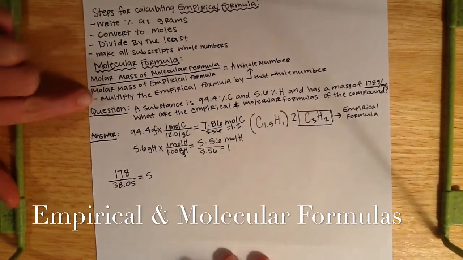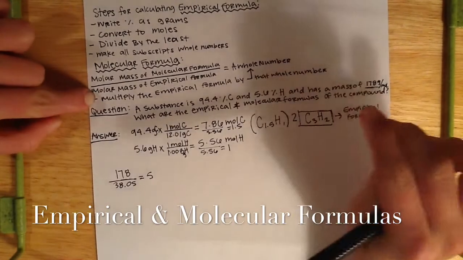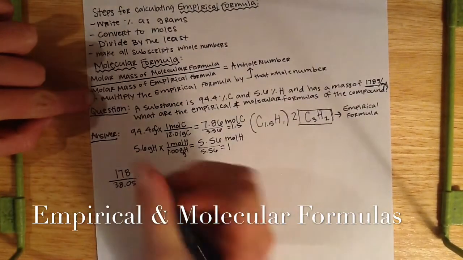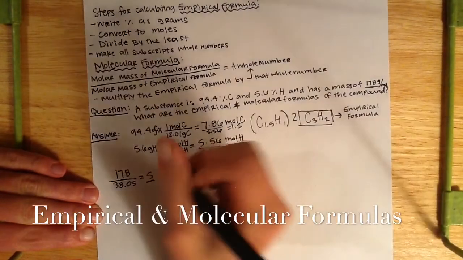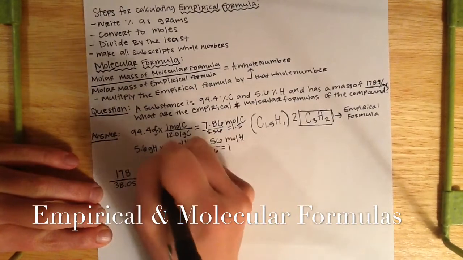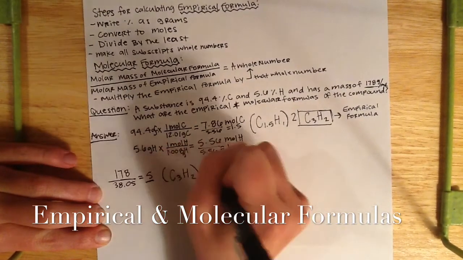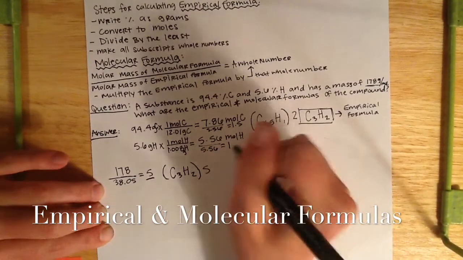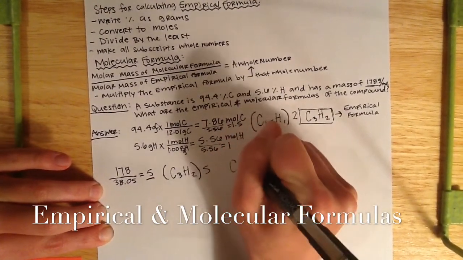Now our last step right here says to multiply the empirical formula by the whole number, which we have right here. So we're multiplying this empirical formula, C3H2, multiplying this whole thing by 5, which will give us a molecular formula of C15H10.